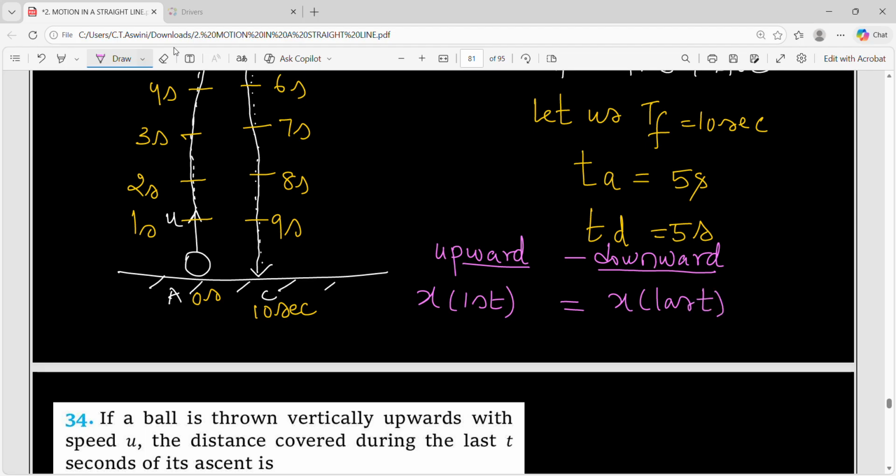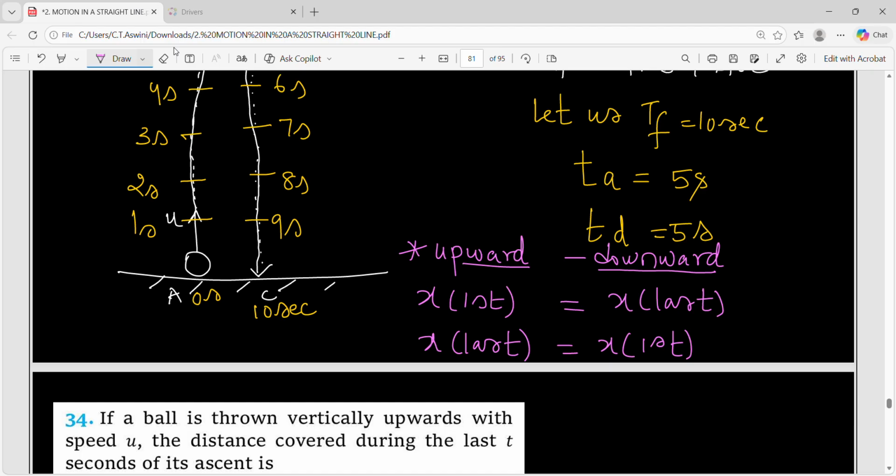That means at the 10th second. Similarly, the distance traveled by the body in the last second in the upward journey will be equal to the distance traveled by the body in the first second during its downward journey. Just go through what I have written. In the upward journey, first second distance will be equal to last second distance in downward journey. Similarly, in upward, last second distance is equal to first second distance.